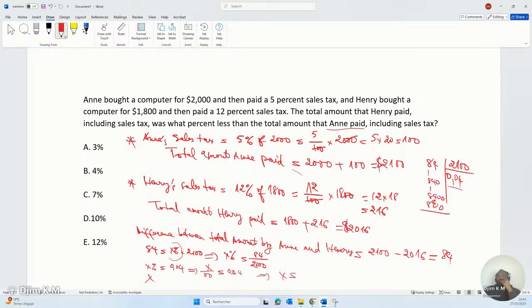So X is the value we want to find, 100 times 0.04, which is 4%.